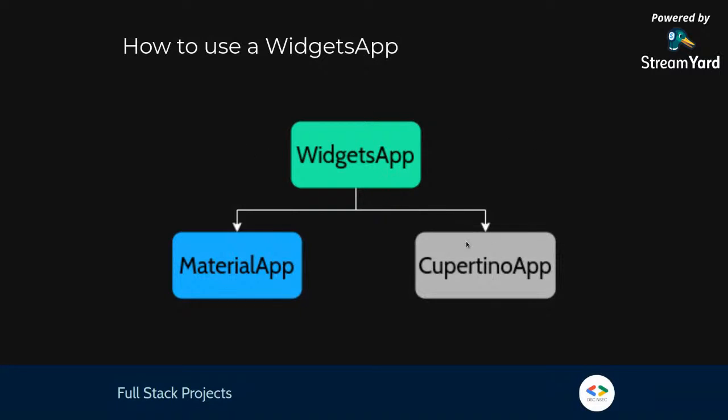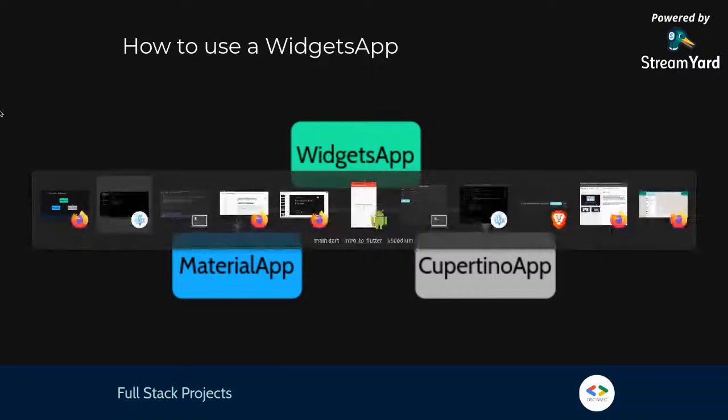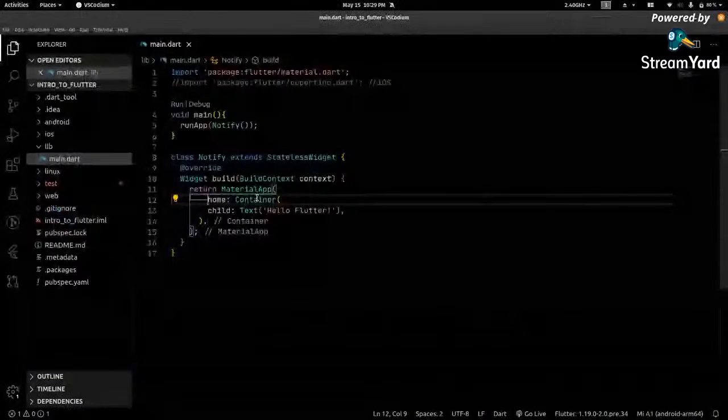So this widgets app is kind of like an enclosing of the Flutter app. It has two types. If you are using material design, we need to use material app. But if you are importing cupertino.dart and we need the iOS design, we use the Cupertino app. So it is just like that. So going back to the code again.